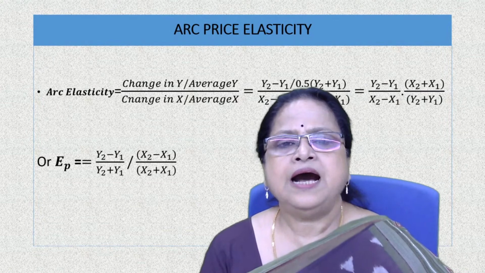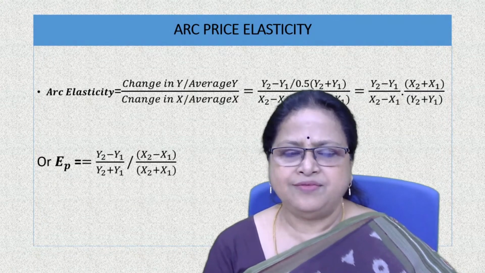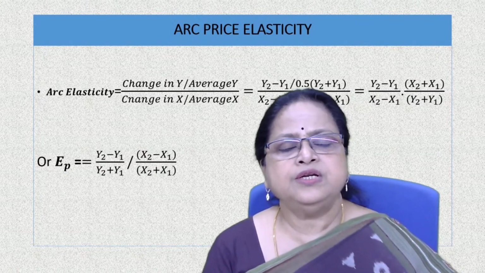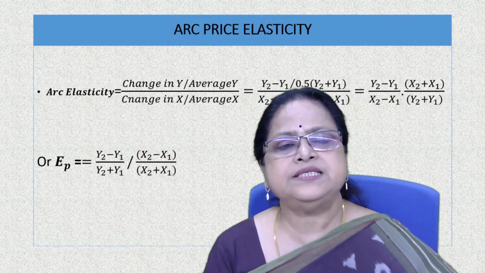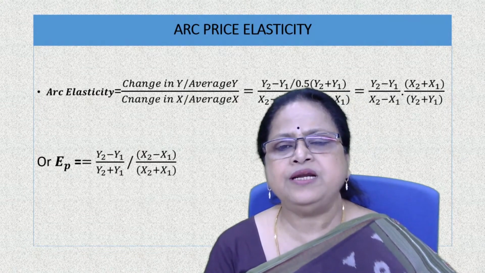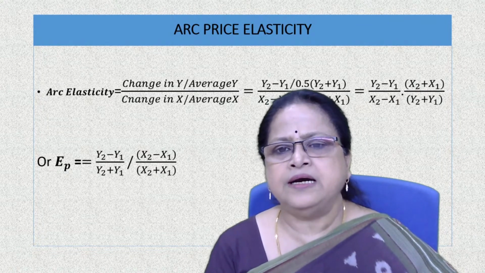Now the formula for arc price elasticity: the ratio where the numerator is changes in Y divided by average Y, and the denominator is changes in X divided by average X. So Y2 minus Y1 divided by 0.5. This you know earlier.